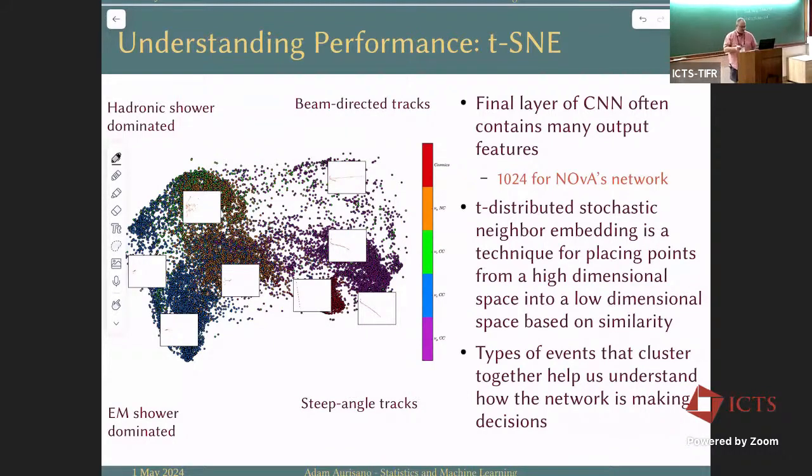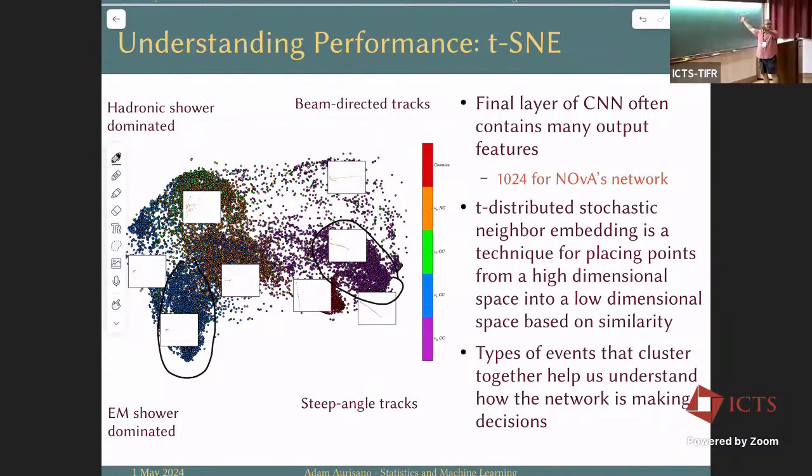So we did this, and basically these different colors are different types of events. The NuEs are almost all down here. The NuMus are over here mostly. But what you can see if you look at examples is that to the right-hand side are events that are dominated by tracks. The left-hand side is where things are dominated by showers.